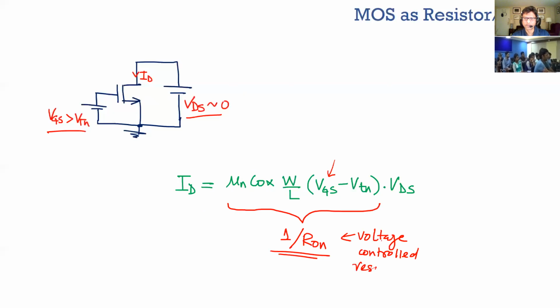That's why it's a voltage-controlled resistor, but it's only for small VDS. For a lot of circuits we actually need that, for example if you're doing RC tuning or something like that where the voltage difference is pretty small. A lot of times in IC design we use this. So just remember that when VDS is close to 0 and you're using this equation, it's actually looking like a linear resistor.